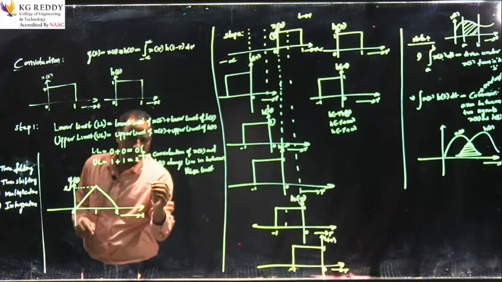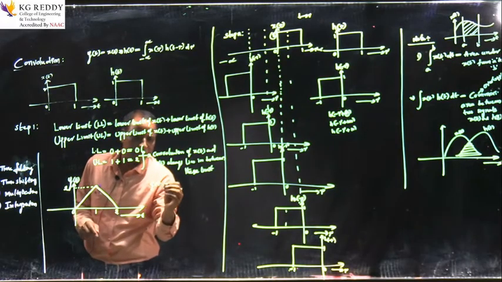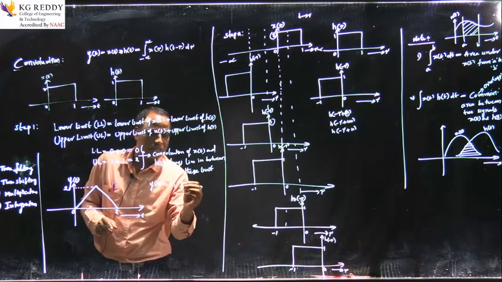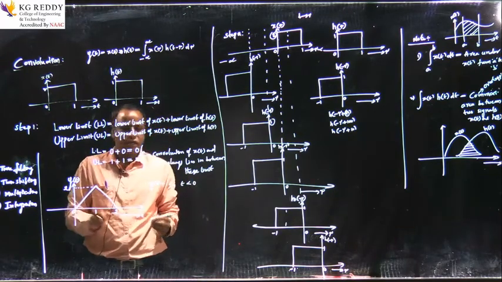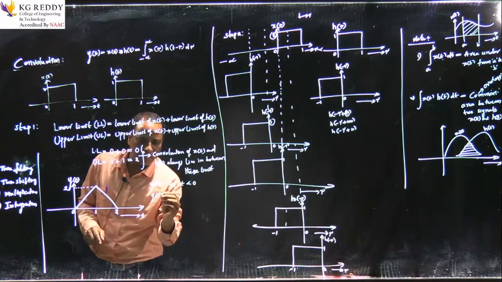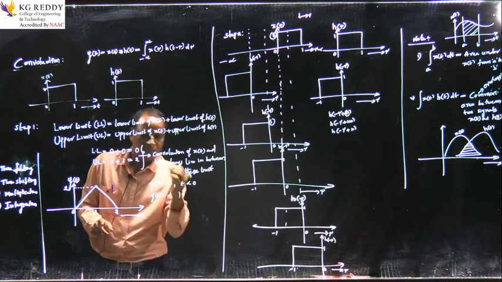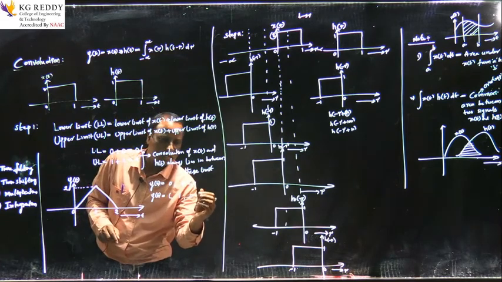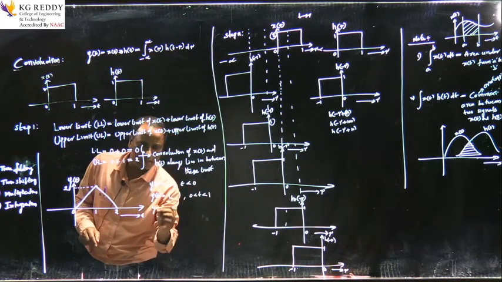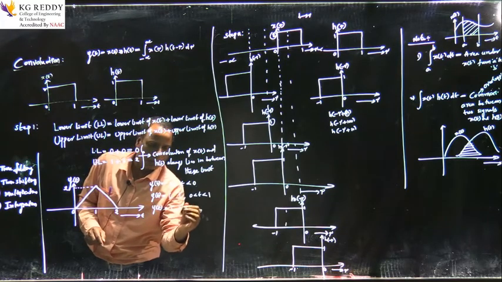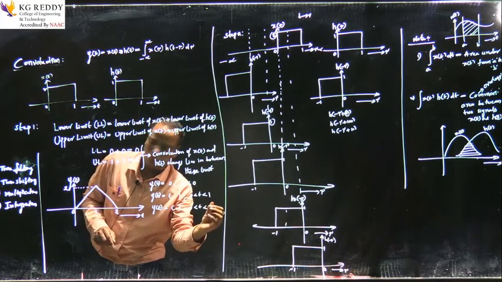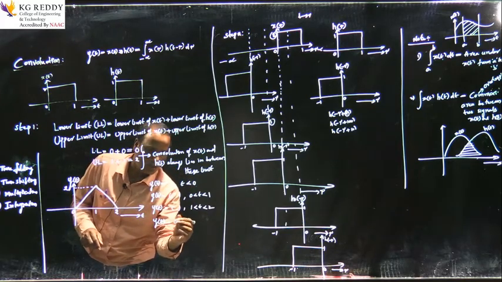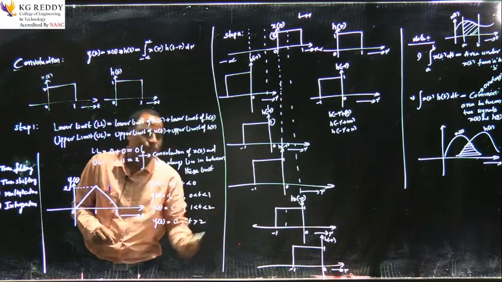We can also express y of t is equal to 0 when t is less than 0, right? And maybe we can calculate the expression for y of t when 0 less than t less than 1, and even express y of t when 1 less than t less than 2, and we know y of t is equal to 0 when t is greater than 2.